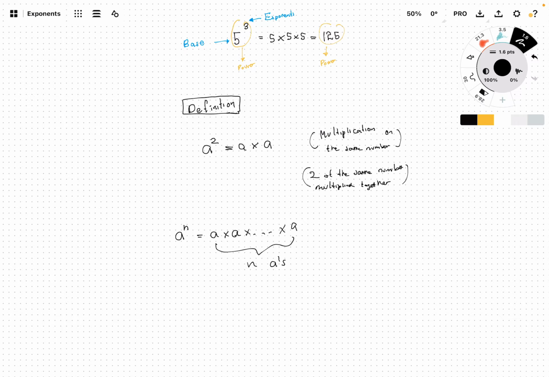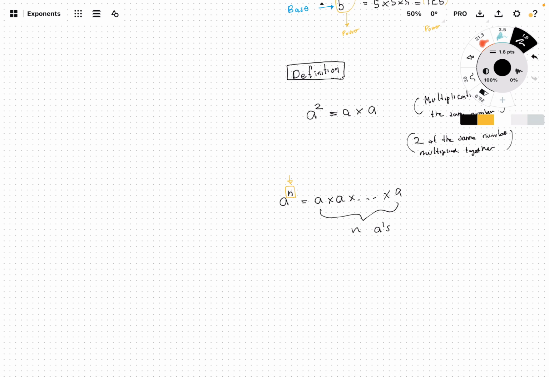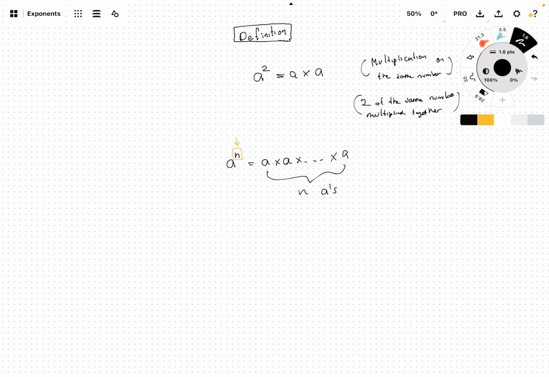So that is very similar, right? It's just a more general version. Instead of being limited to 2, you can multiply as many as you specify in the power, in the exponent. This exponent tells you how many a's are being multiplied together. That's the definition. That's all it is.